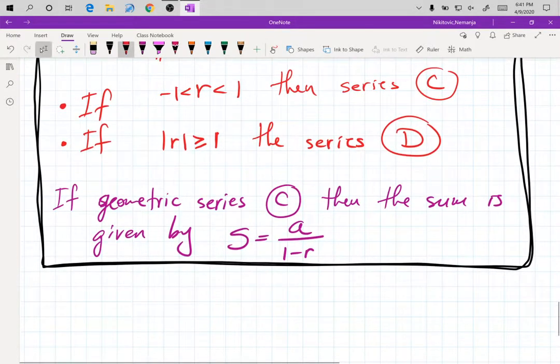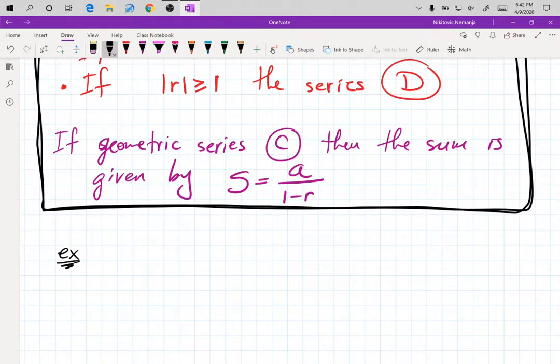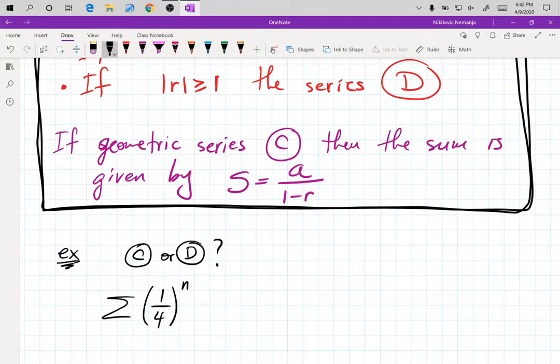So let's see. Example. Converge or diverge. It's always asking to test for convergence or divergence. That's what we are doing in chapter 10. All right, and the problem is the summation of 1/4 to the n from 0 to infinity.